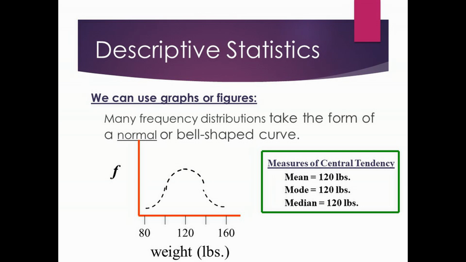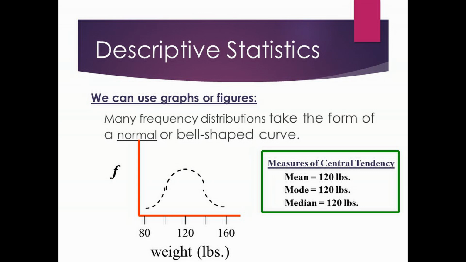I would probably see what is called a normal or bell-shaped curve. And when you look at this curve, you see that the majority of people have weights in the middle, around 120 here, and that as you move to the extremes, lower weights and higher weights, you have fewer and fewer people, lower and lower frequencies.